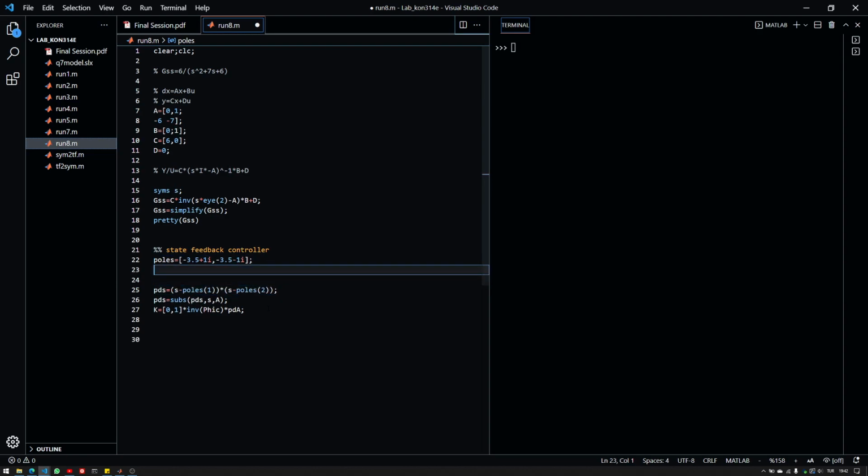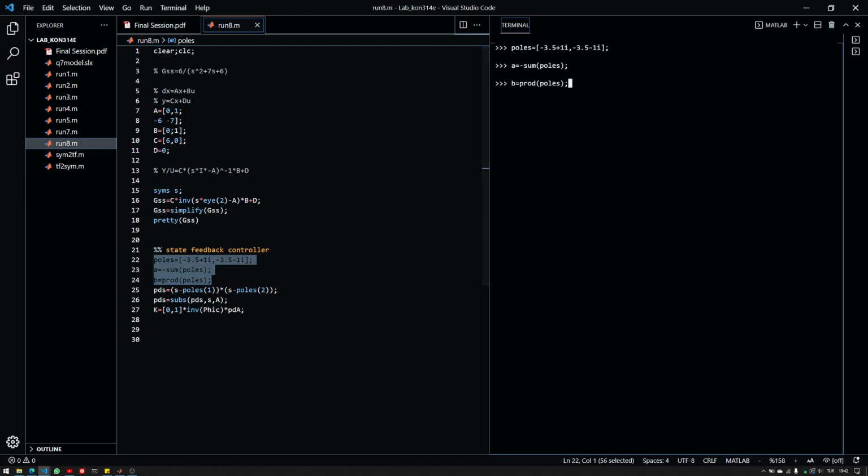Or we could also use the sum and products of this. So a should be the sum of the poles minus, as far as I remember, and then b should be the product here. So prod of poles. Let's see. So let's first of all calculate this. Now a is 7 and b is 13.25.